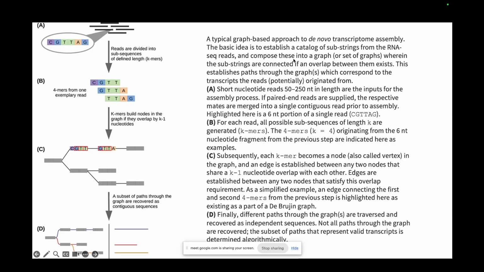So the basic idea is to establish a catalog of substrings from the RNA sequencing reads and compose them into a set of graphs wherein substrings are connected if an overlap between them exists. This establishes paths through the graph which correspond to the transcript reads potentially that have originated from them. I'm not going into the same details again, but if you remember the genome assembly discussion, it's quite similar here.